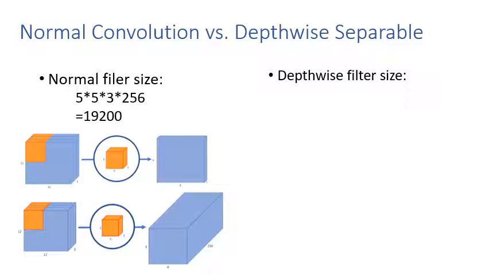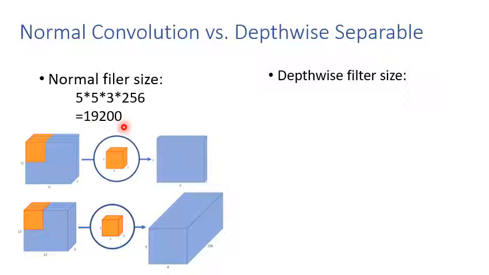So what if we want to output a 256 channel dimension? Then we will need to have 256 normal filters. So the total number of weights will be 5 times 5 times 3 times 256, which is equal to 19,200.